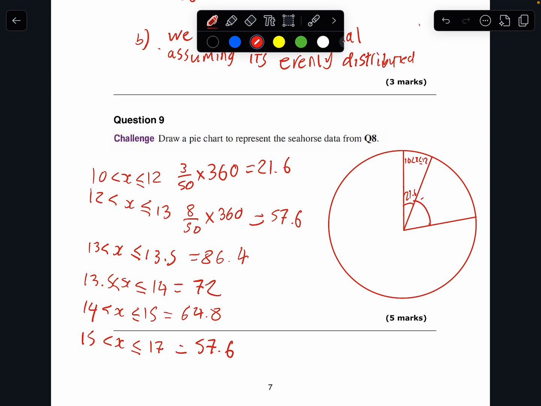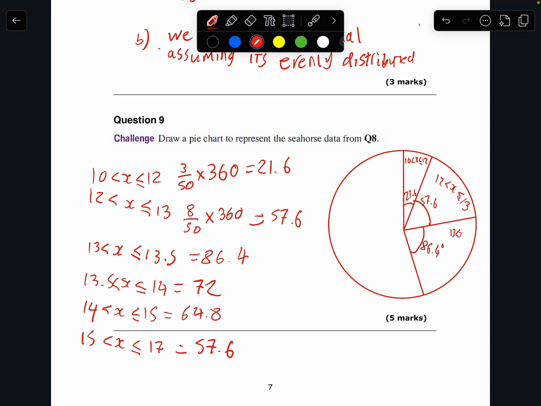That's 57.6, and that's the 12 to 13 bit. At this point, I think we get the idea, right? 86.4 degrees, once again, it's just a bit less than 90, something like that. You don't need to write the angles on, I'm just writing them on because I don't have a protractor.